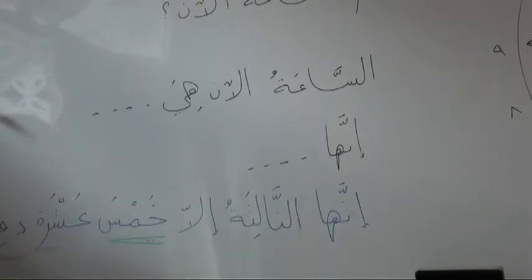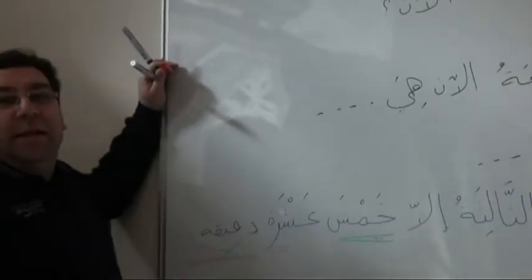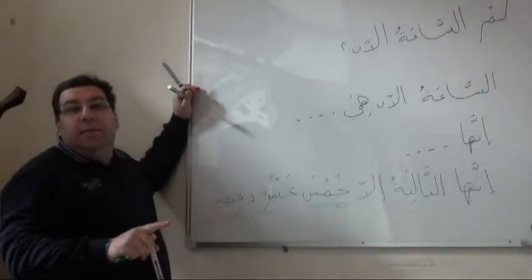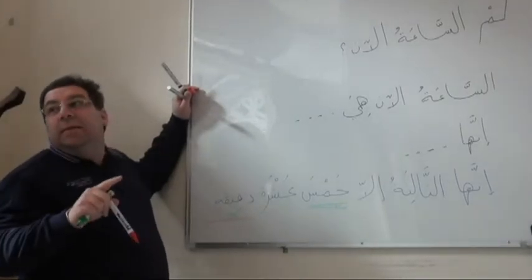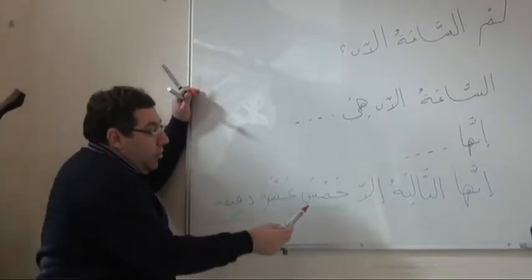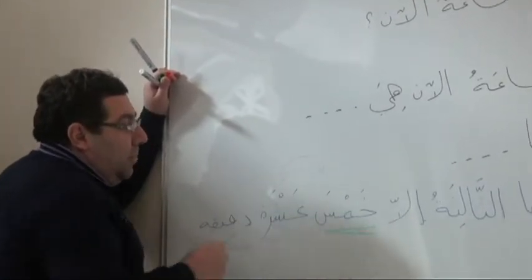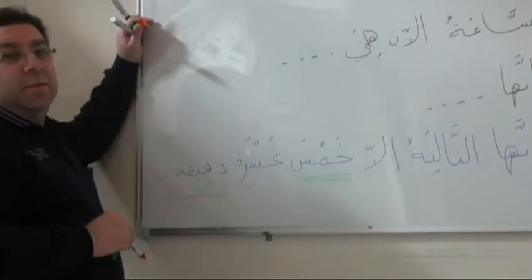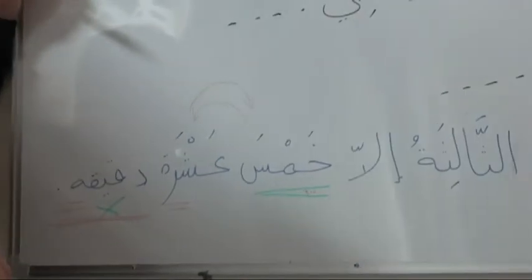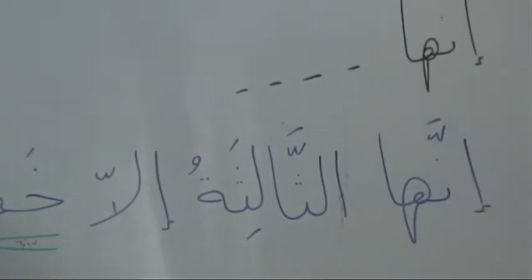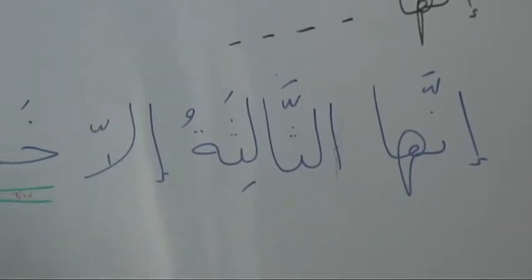But when we are talking about 11 to 19, the tens should be the same gender as the object.